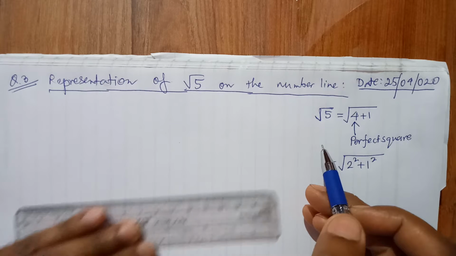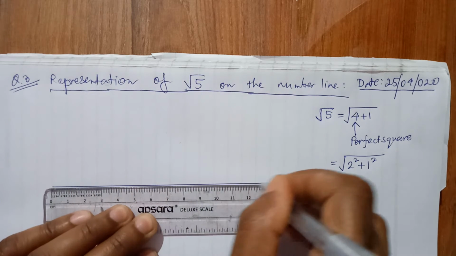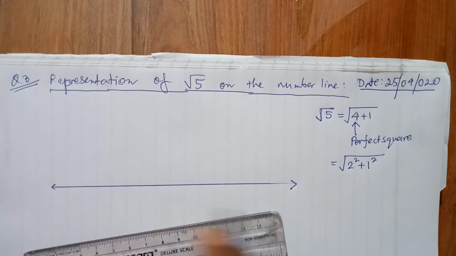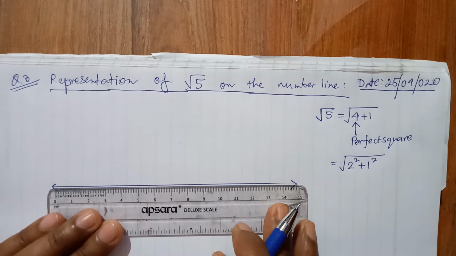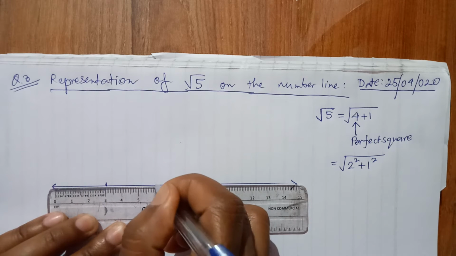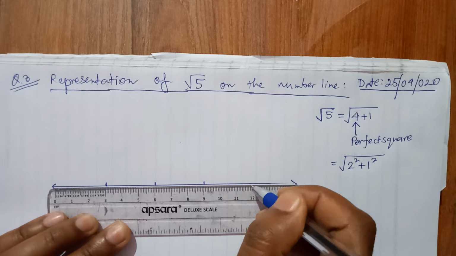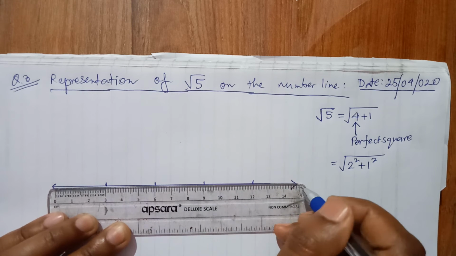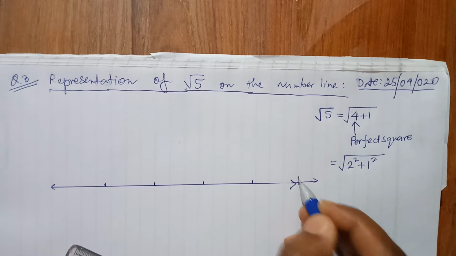See, draw one number line. On both sides give arrow marks and make divisions, taking suppose 3 centimeters. Taking 3 centimeters, extend here.